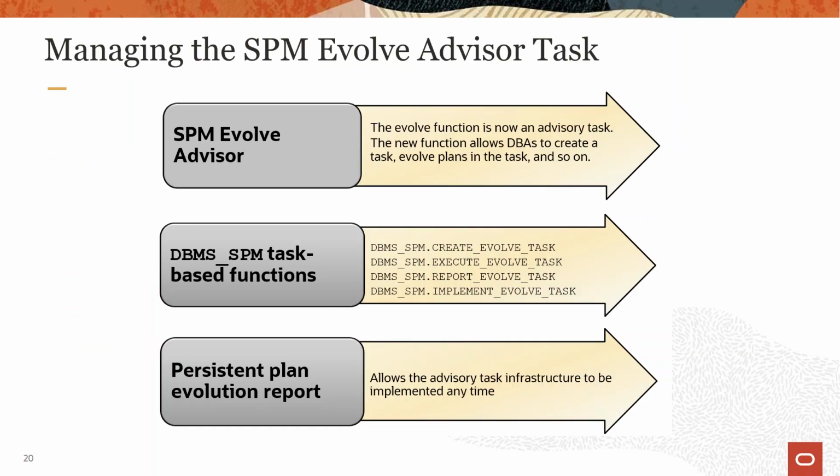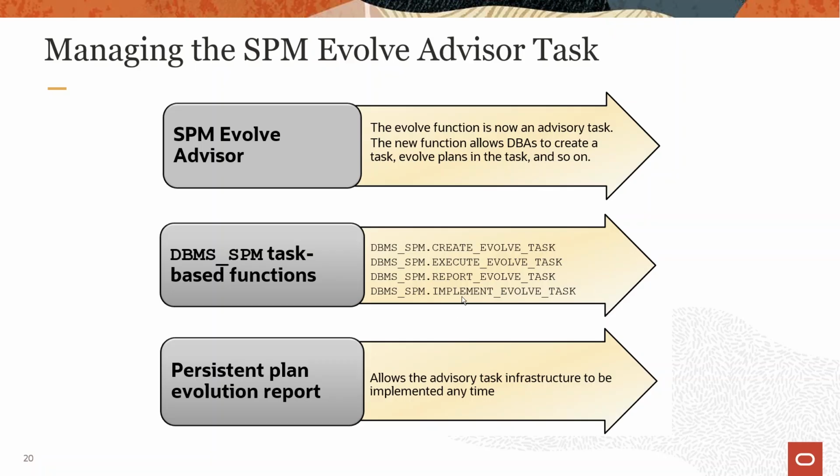So, managing the SPM Evolve Advisor task. The evolve function is now an advisor, and it allows DBAs to create a task, evolve plans in the task, and so on. For that, you use the package DBMS_SPM, where you say, I would like to create an evolve task to evaluate the execution plans captured for a particular SQL statement. You then execute the evolve task, and you can ask for a report on the recommendations of that evolve task.